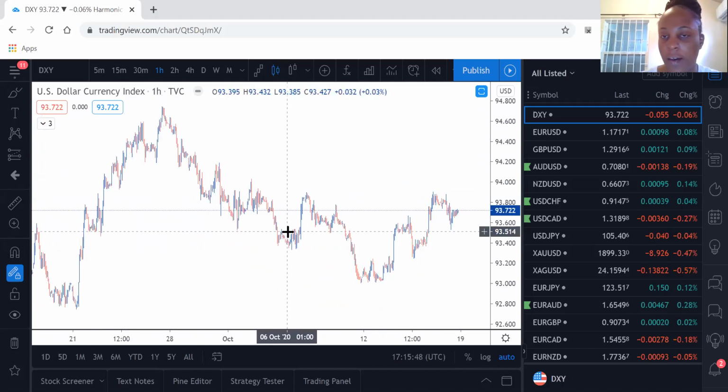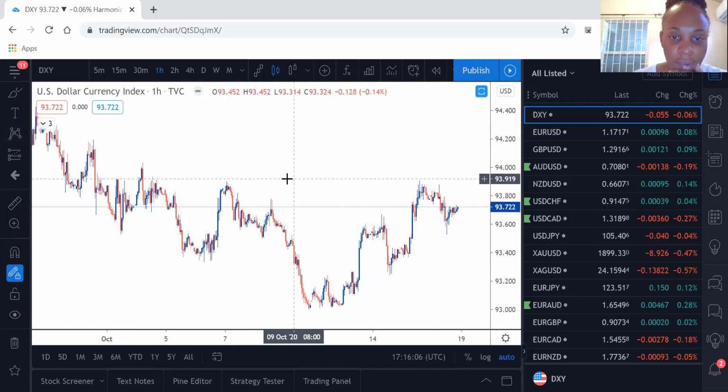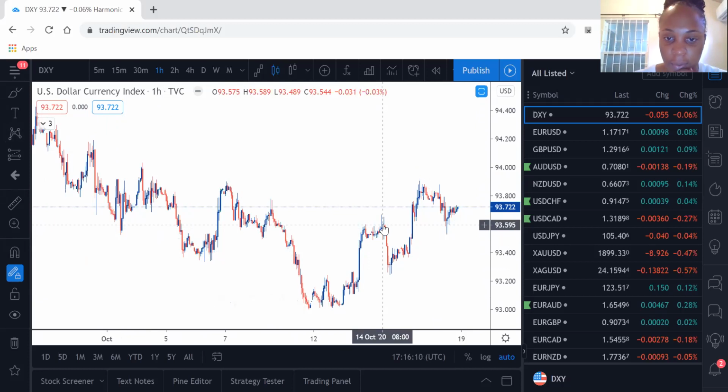I see that we have a downtrend. Remember, head and shoulder patterns are formed at the ending of a trend. So when we're looking for a trend reversal, you can look for a head and shoulder pattern. We have this entire situation happening here.